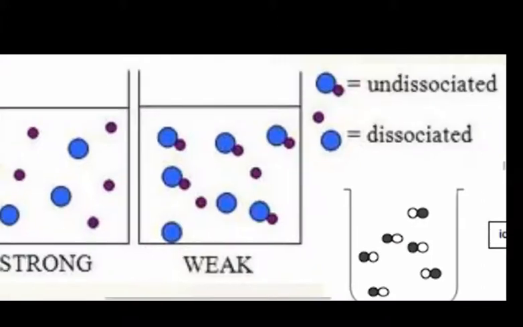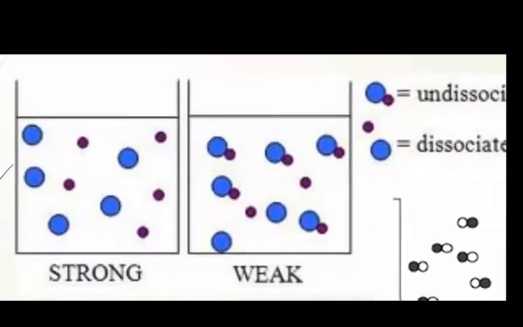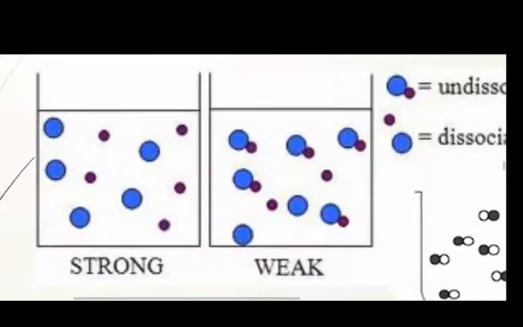In the same way, we can divide base also. The same method is applied for that. Strength of a base means, if it is a strong alkali, a strong base, its dissociation will be maximum. Understood? Its dissociation will be maximum, and the concentration of OH minus ions also will be maximum.